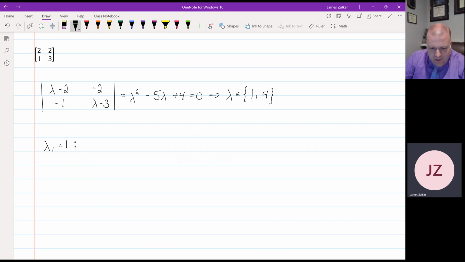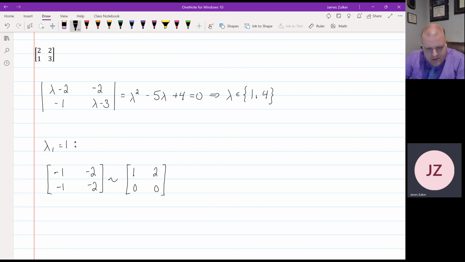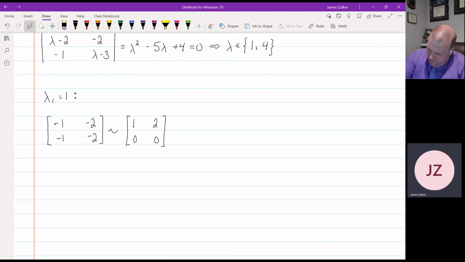Okay, for lambda equal to 1, we'll reduce that. We get 1, 2, 0, 0. This means, of course, that x1 is equal to -2x2.